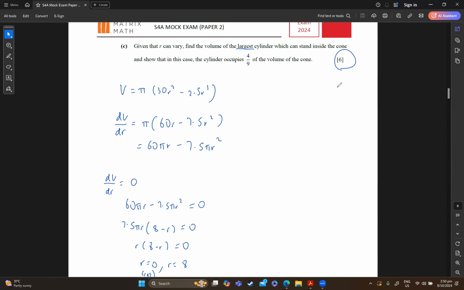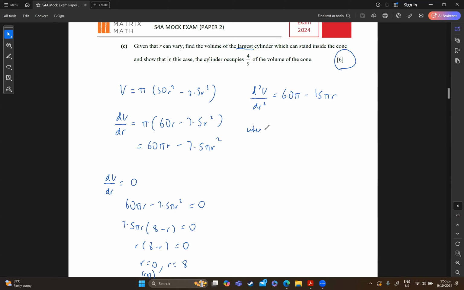Now, given that this is a 6-mark question, we cannot straight away assume that r equals 8 is the maximum value. For all you know, it could also be the minimum value. So do a test first, using your second derivative. This becomes 60 pi minus 15 pi r.